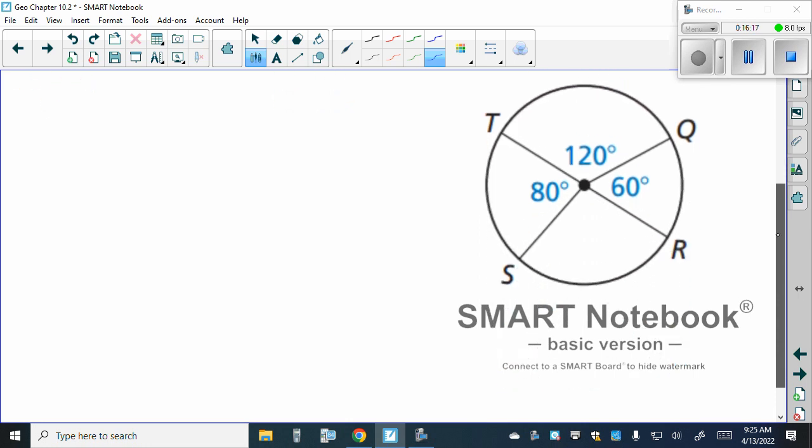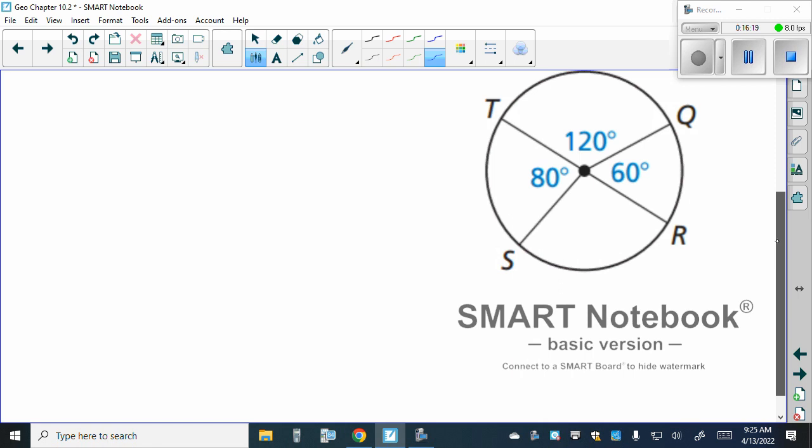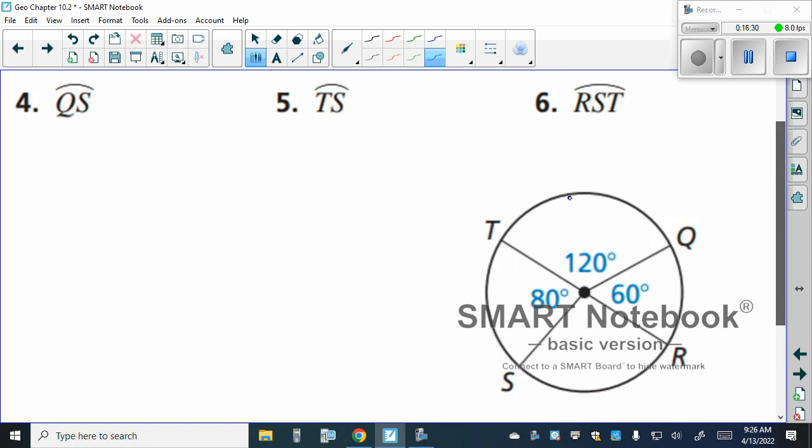So let's see what RS is, because again, 60 and 120 tells us that RT is 180, yes? So that means the line segment RT is half the circle, it's the diameter. Which means that this one would have to be 100.